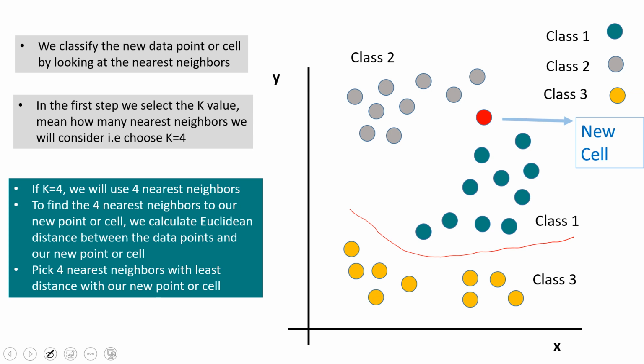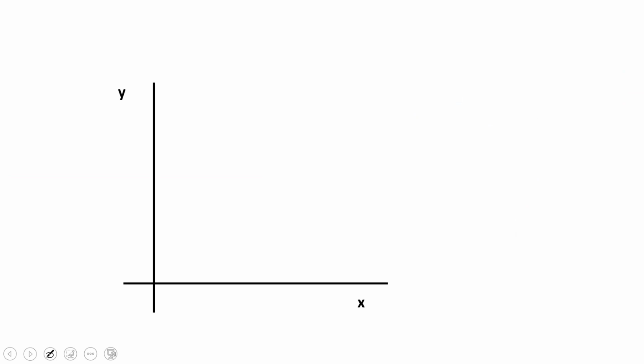Now we'll find how many nearest neighbors belong to each class. That is also one of the research problems, how we are going to decide how many neighbors we need to consider.